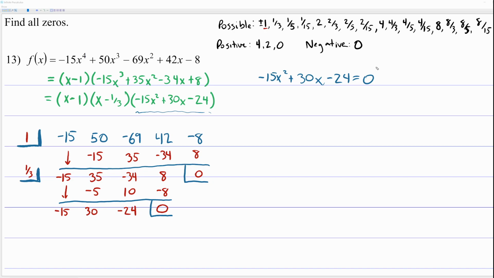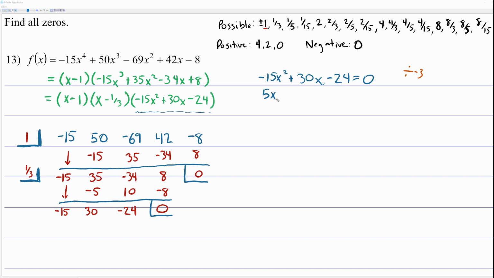So now we're back in either Algebra 1 or Algebra 2 where we're solving a quadratic equation. I notice that all 3 of these numbers are multiples of 3, and I would like my leading coefficient to be positive. So at this step, I really want to divide by -3 on both sides. I think that would make life kind of easy.